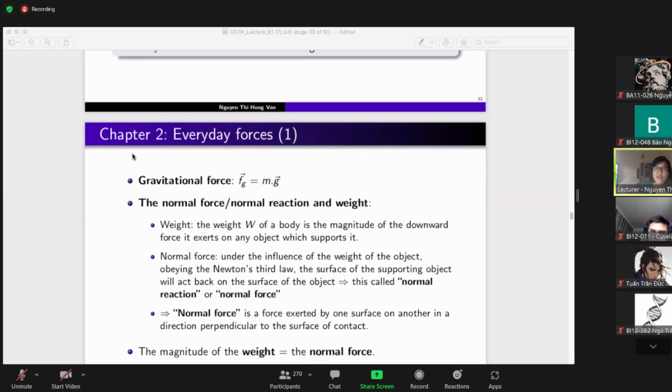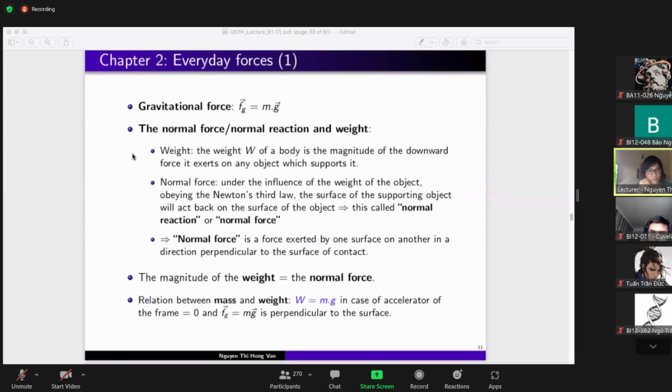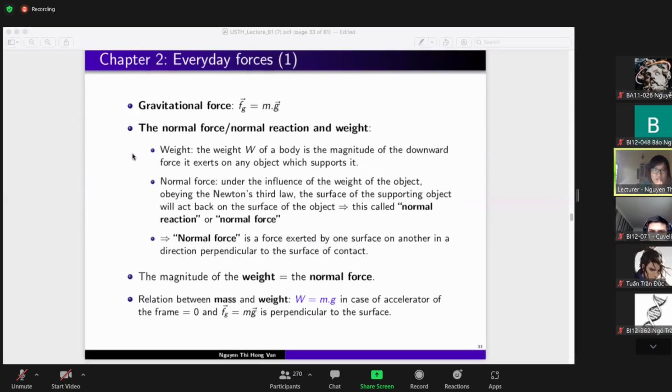Now I will introduce some everyday forces. The force we meet every day is the gravitational force. I denote it Fg, which is mg, as we met in the previous lectures. I already explained this case.